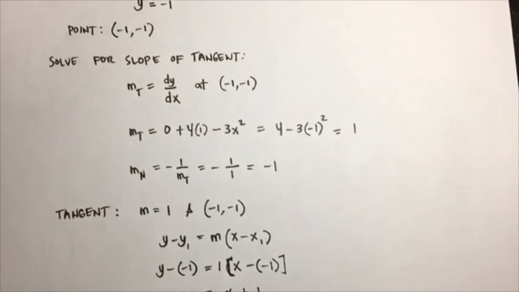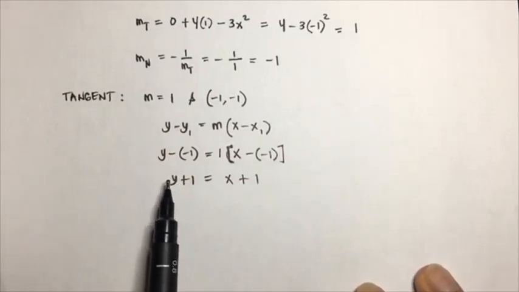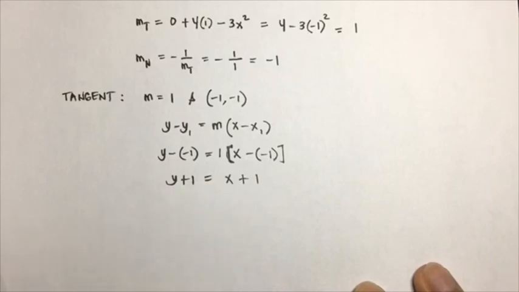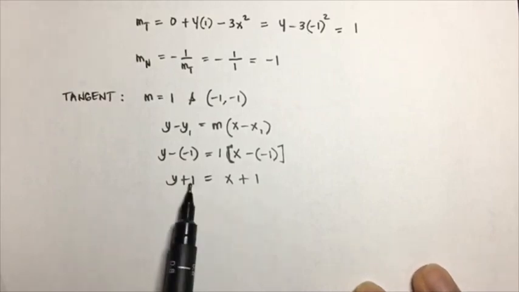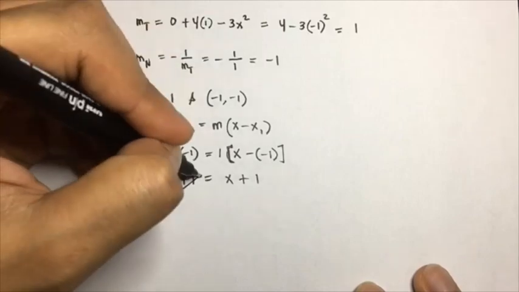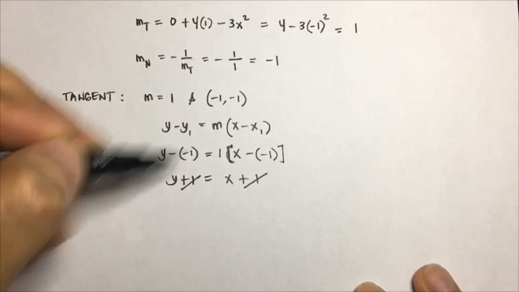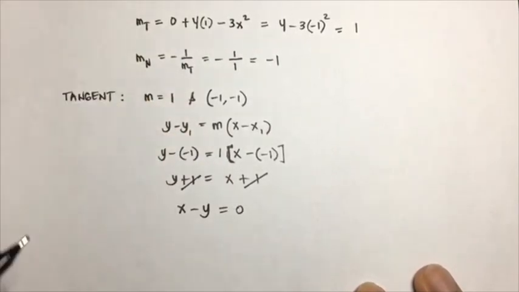Okay, so transforming this into the general form, we can cancel 1. Then transposing y to the other side, we'll have x minus y is equal to 0.